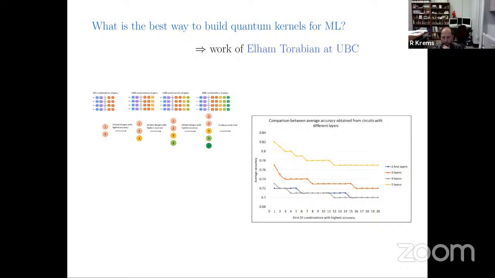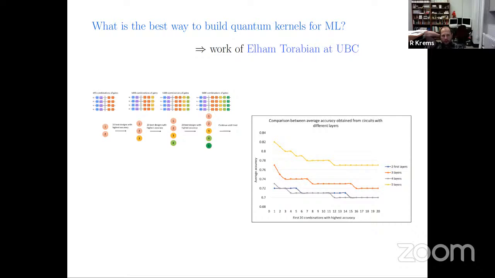Yeah, that's right. And so the result of Maria Schuld applies, I guess, to the paper where she showed that you can build a universal approximant to a function by properly selecting the embedding. But that would potentially require a very large number of gates.